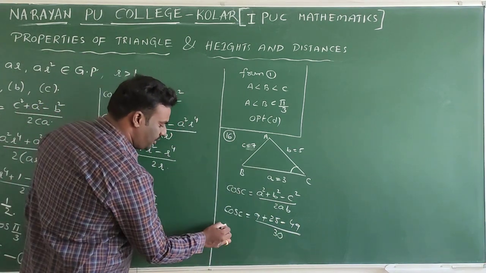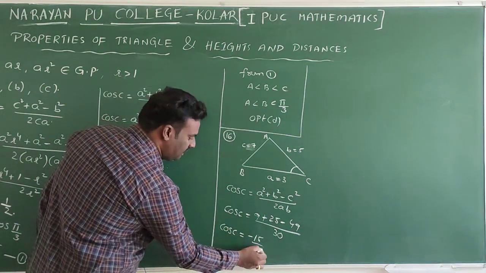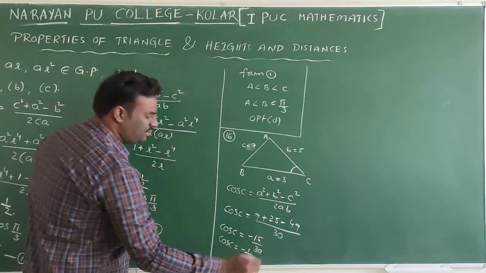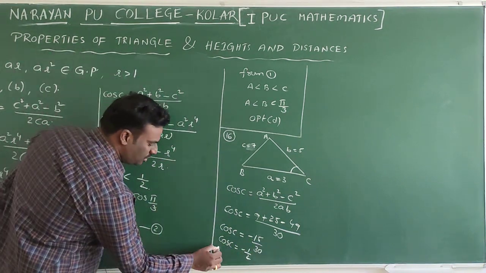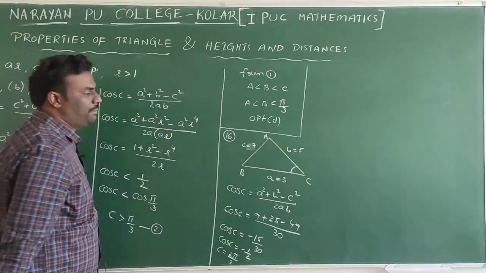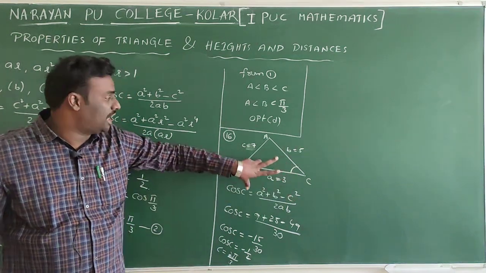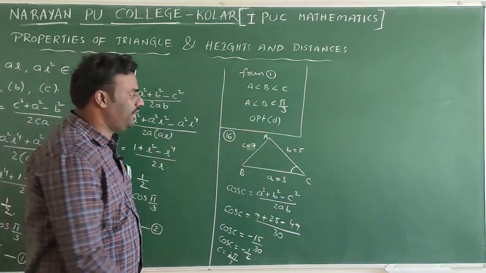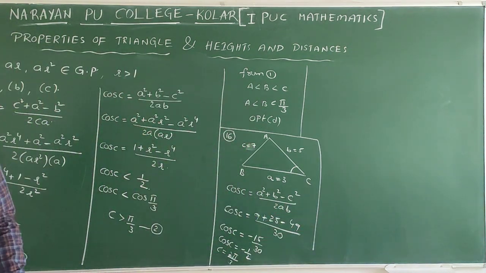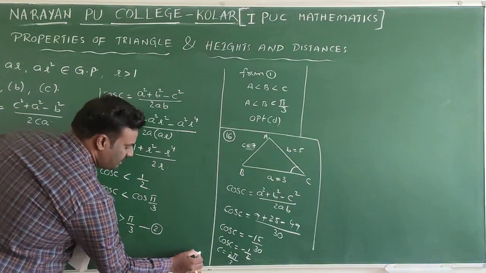So now 34 minus 49, that is minus 15 by 30. Then cos C equals minus 1 by 2. When cos value is minus 1 by 2, that is cos 120, so the answer is 2 pi by 3. The largest angle is opposite to the largest side of a triangle. Now 2 pi by 3 is the answer for question number 16. That is nothing but option C is the correct one.